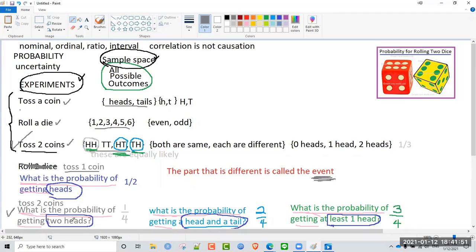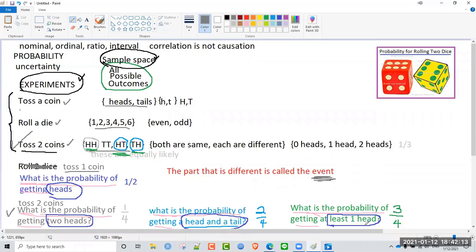We have examples: getting two heads, getting a head and a tail, getting at least one head. We have three examples. Maybe by thinking about these three examples, we can come up with a definition for this word, event. I don't want to just say it's the phrase that comes at the end of the sentence.